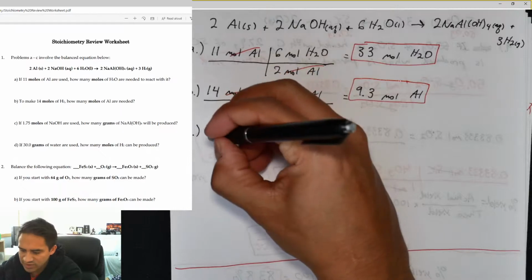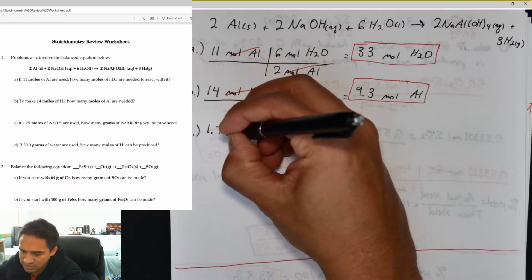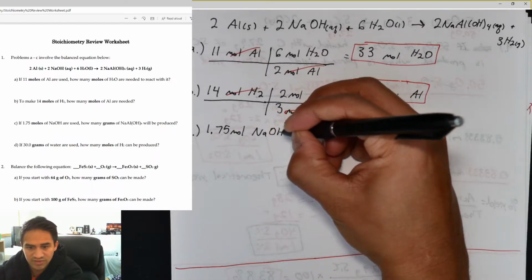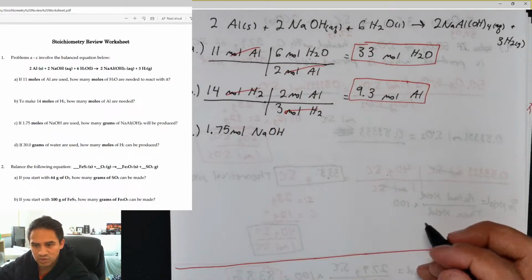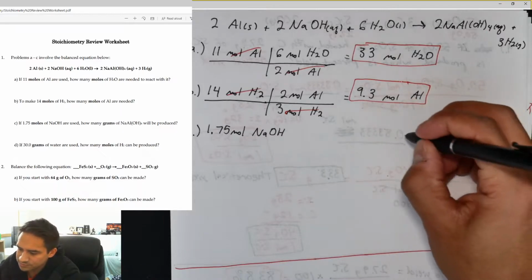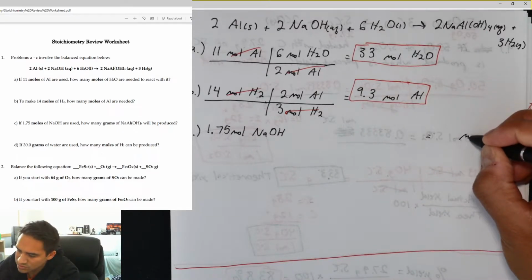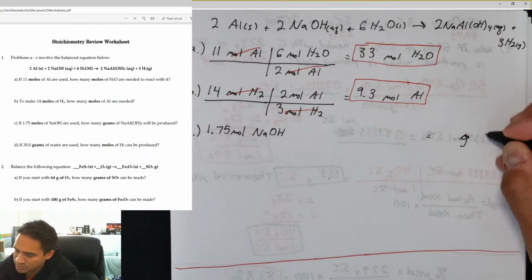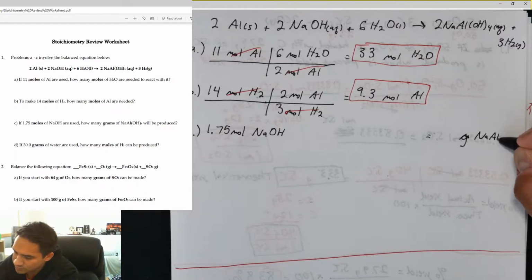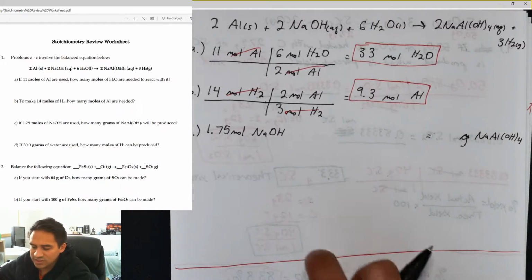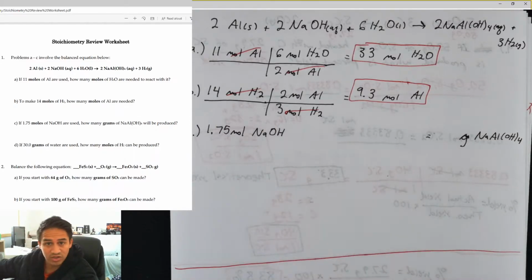If 1.75 moles of NaOH are used, how many grams of NaAlOH4 will be produced? So now we're going from moles of one material to grams of a different material. This is going to require a few more steps. The first thing is, we want to convert into moles if we're not already in moles.